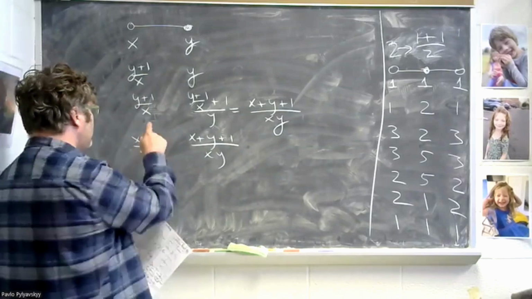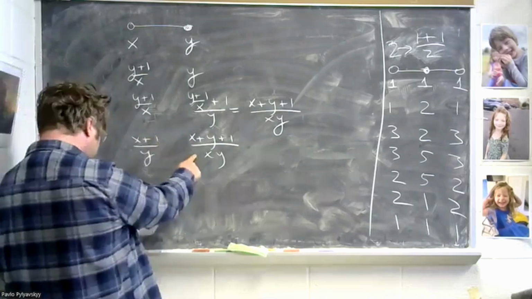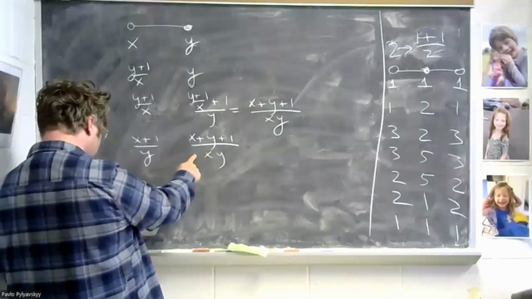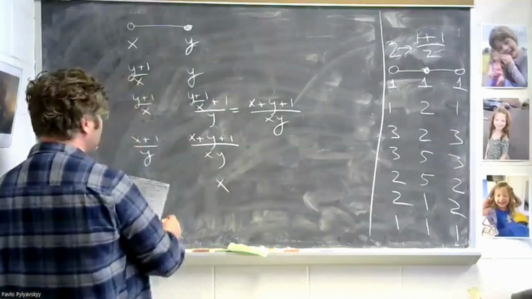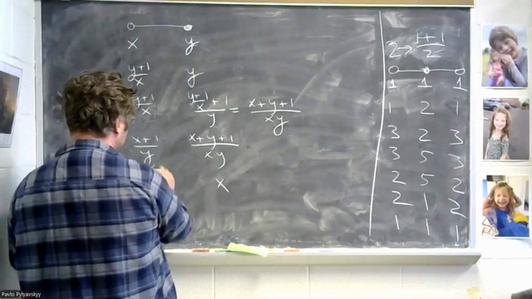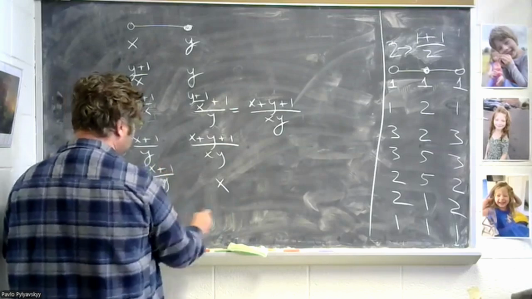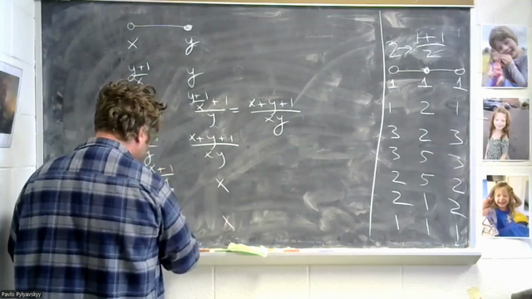And then if you add one here and divide by this, you will get this. And then finally, on the last step, you will get x, y like this.